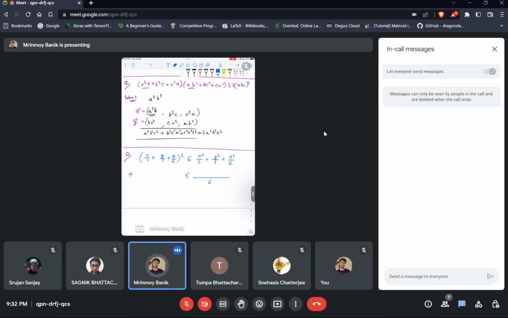We'll get 6 as the LCM and 3x squared plus 2y squared plus z squared, 3x 2y z. You can cancel 1 by 6 out, so it's 6 times.